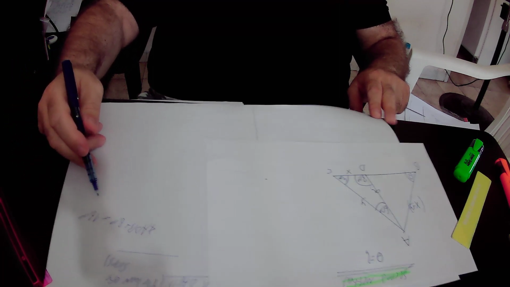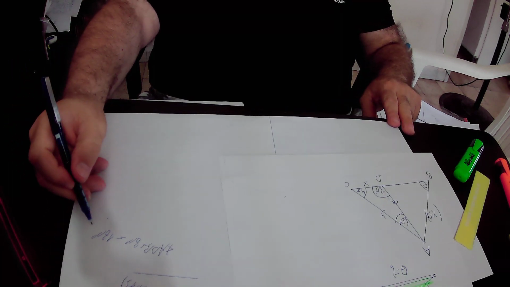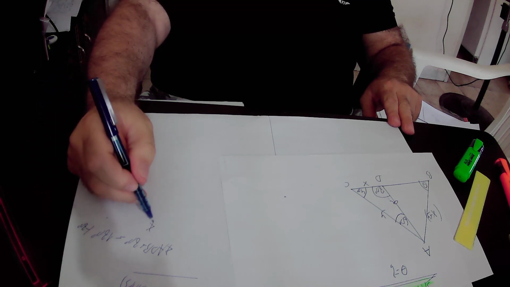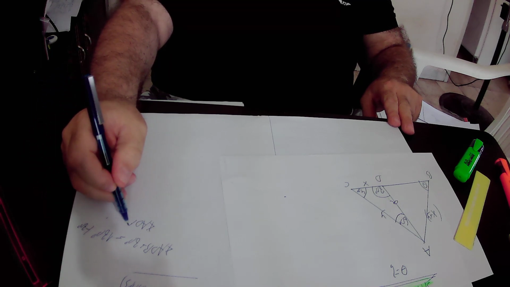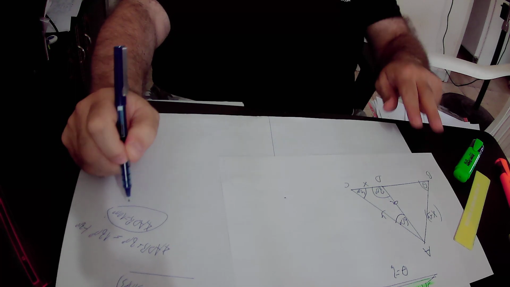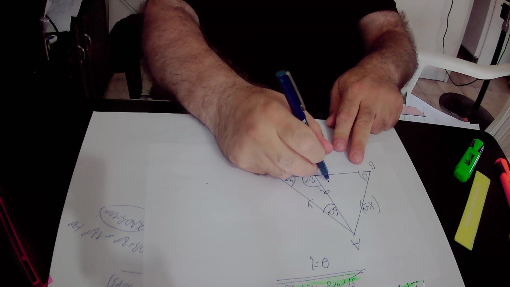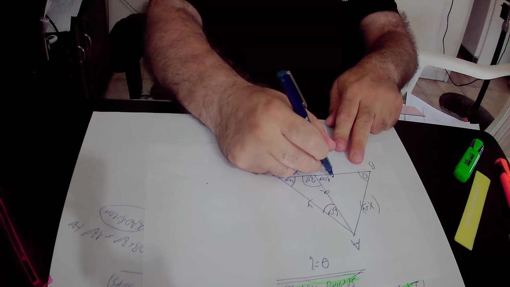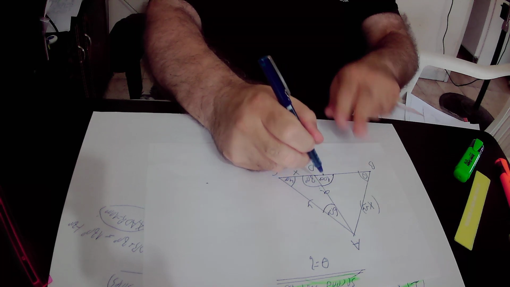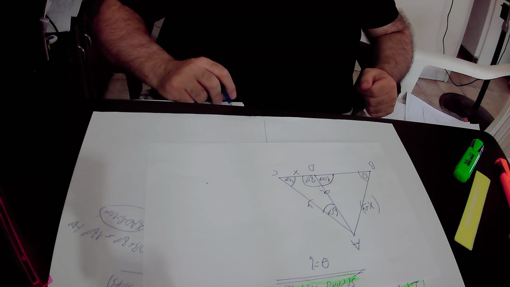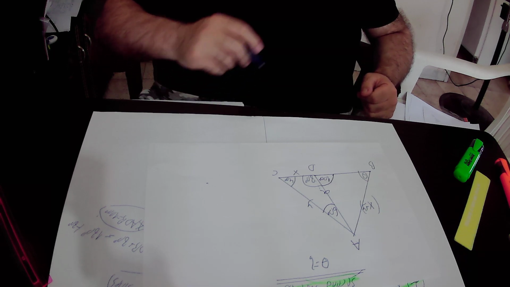Here we subtract 80 degrees from this equation, and we get that the missing angle ADB equals 100 degrees. This angle equals 100 degrees, according to the rule that the sum of the angles on one side of a straight line is equal to 180 degrees.